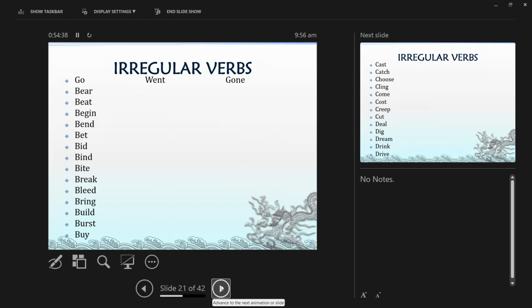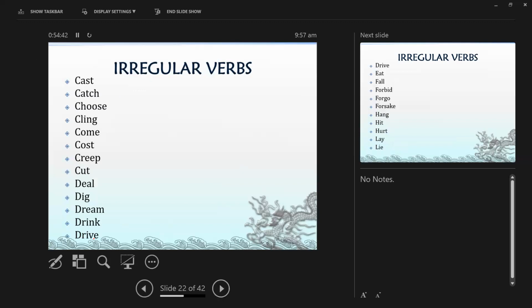Bring, brought, brought. Okay? Another more examples of irregular verbs. What is the past tense of cast? Does it change? It's the same. Catch, caught. Choose, chose, chosen.